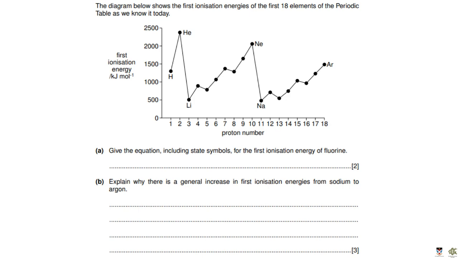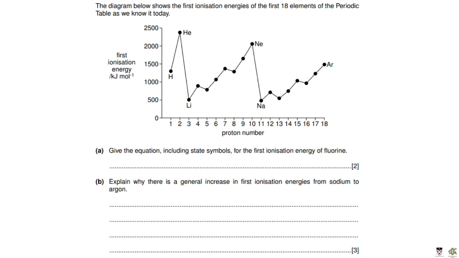The diagram below shows the first ionization energies of the first 18 elements of the periodic table as we know it today. Give the equation including state symbols for the first ionization energy of fluorine. As we stated earlier, these state symbols are very important because as per the definition, it's the energy needed to remove 1 mole of electrons from 1 mole of atoms or ions, but these atoms or ions must be in the gas phase.